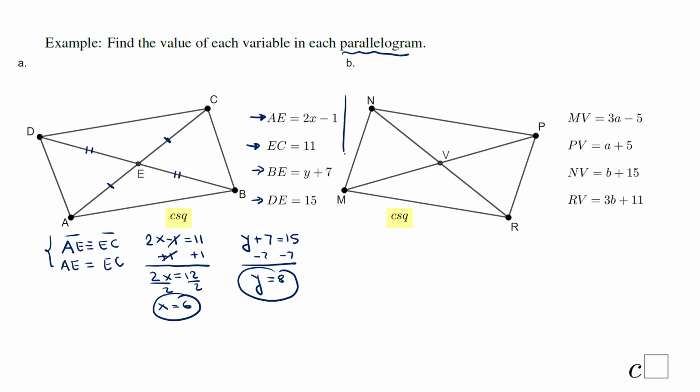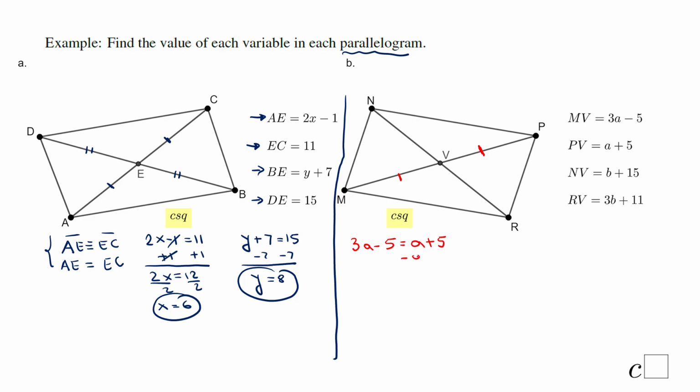Part B is very similar. The only difference, we have a little bit more work to do because the equations are more complicated. But MV and PV are congruent, so we're going to have this first equation, 3a minus 5 equals a plus 5.